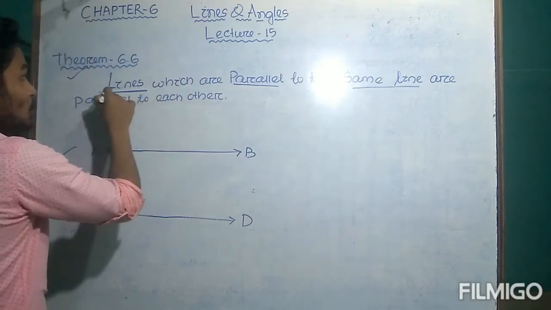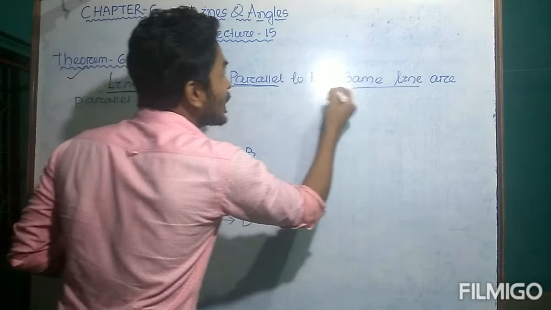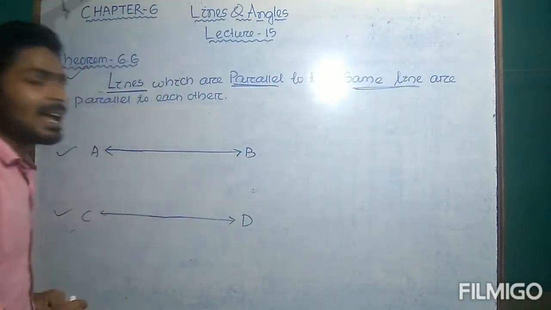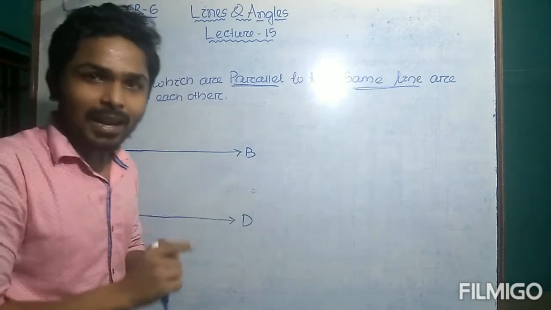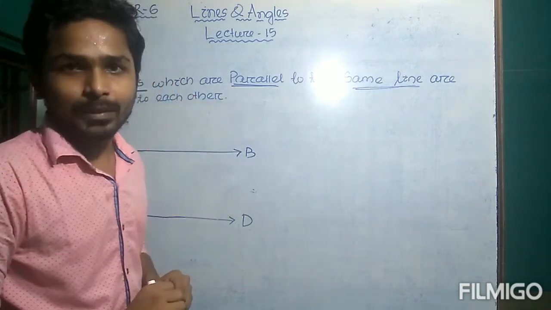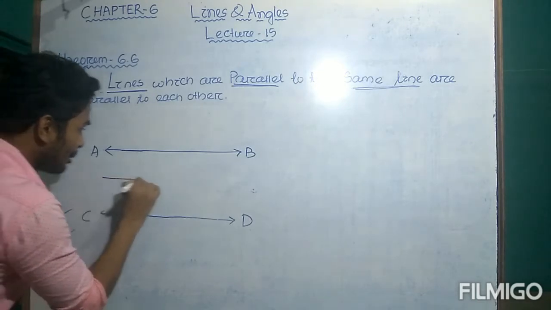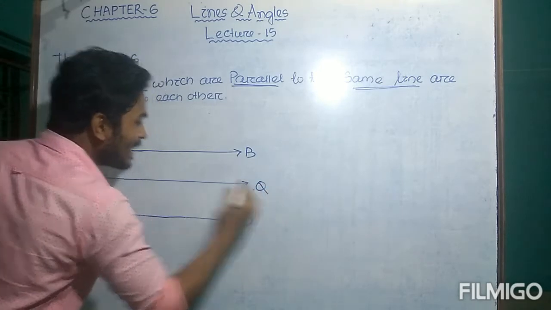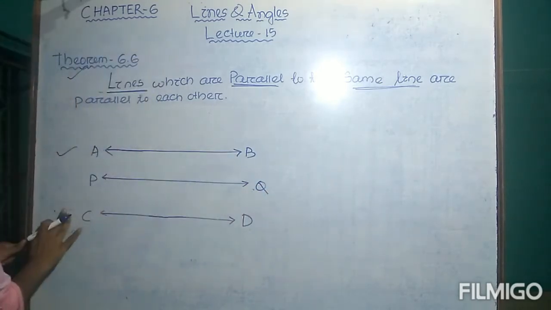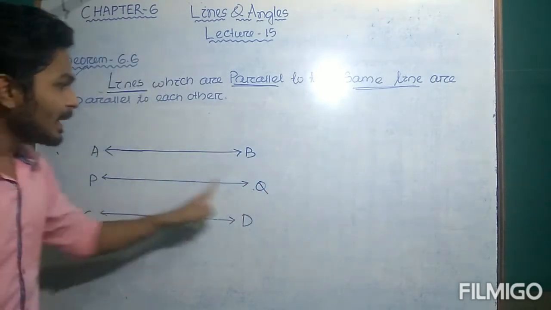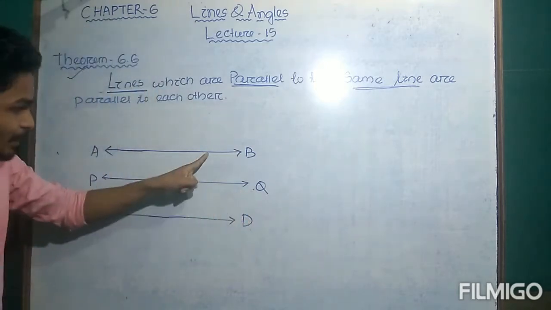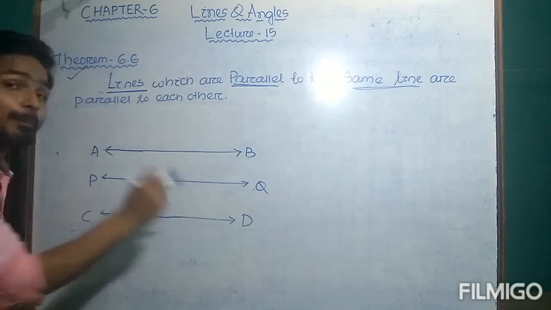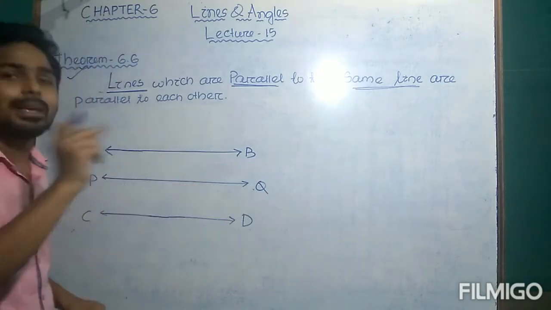Now, the two lines are parallel to the same line. It means the line AB and the line CD are parallel to a common line. Suppose PQ is that common line which lies in between AB and CD, such that these two lines are parallel to the common line PQ.